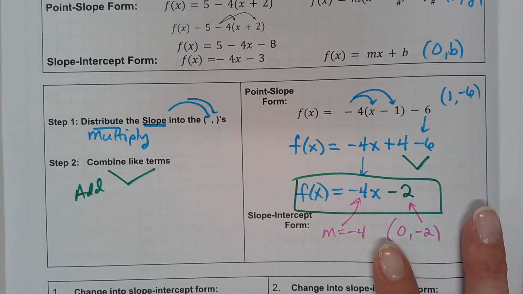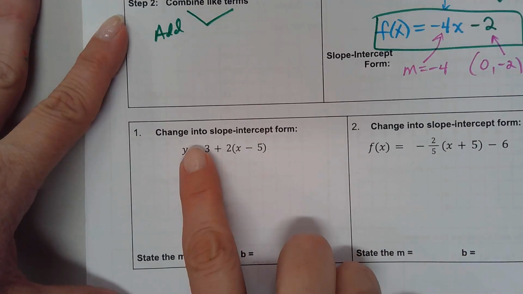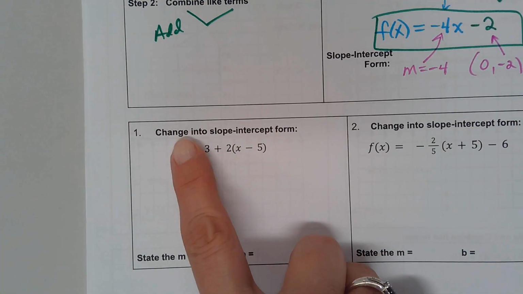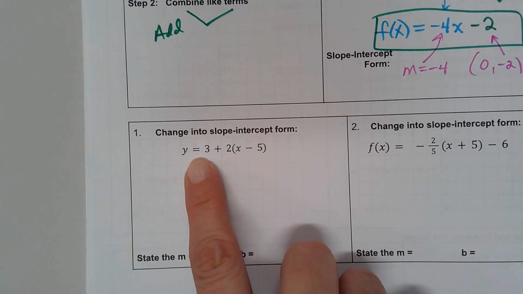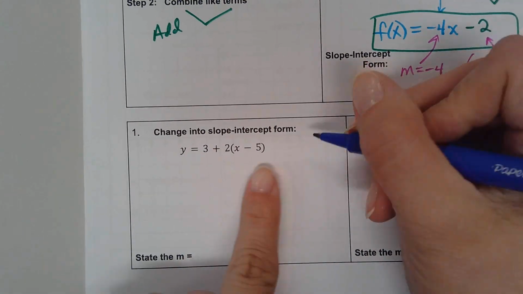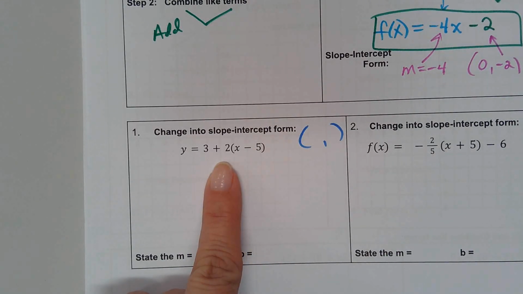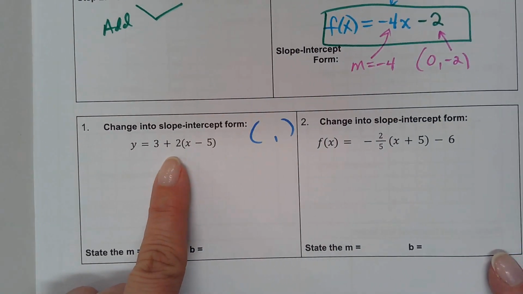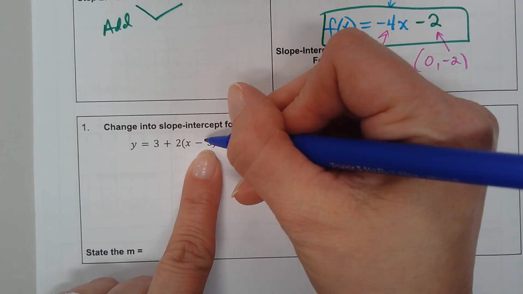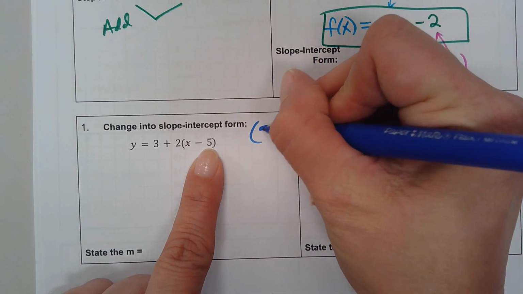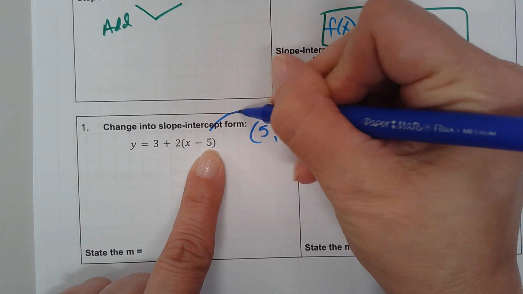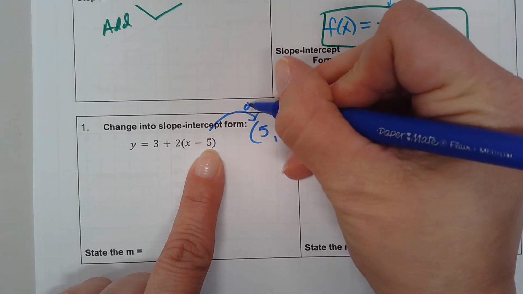Let's practice that again. We have a point-slope form, and they want us to change it. When you look at this equation, what is the point that this equation has? When we see -5, it's a +5, so the x is always opposite.